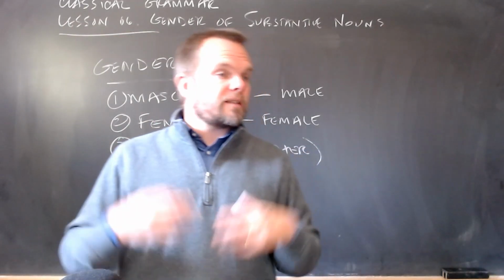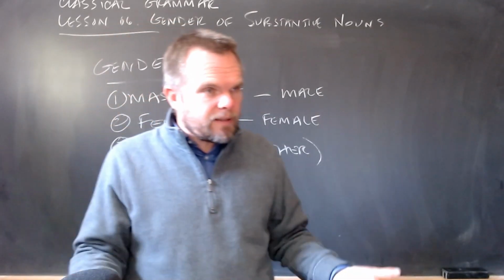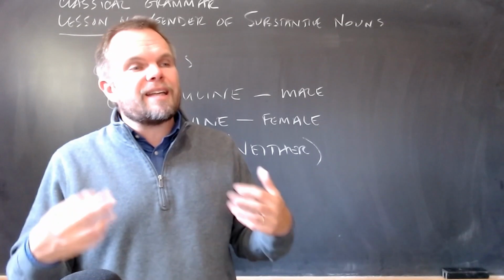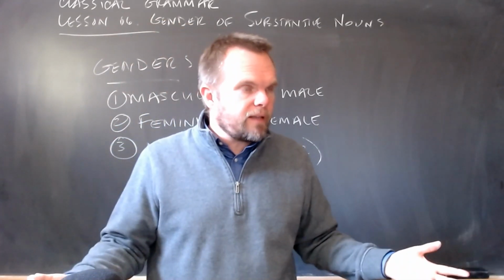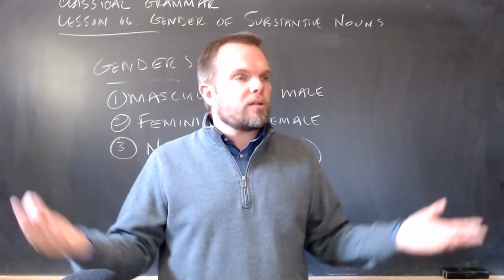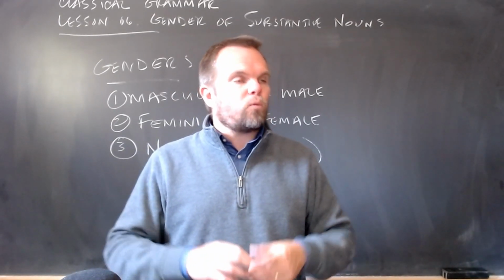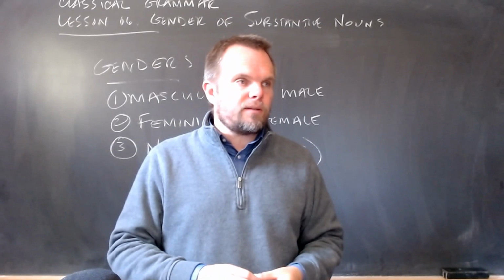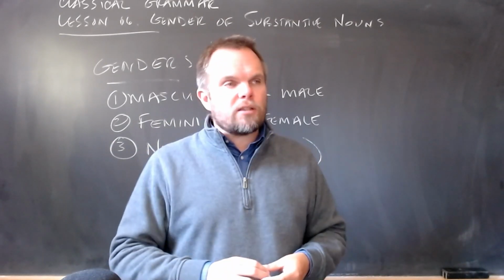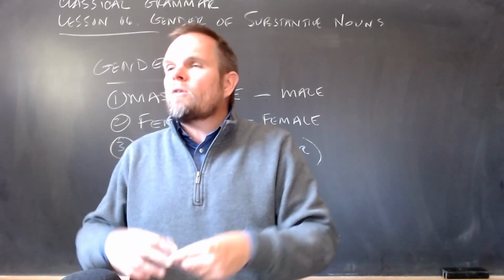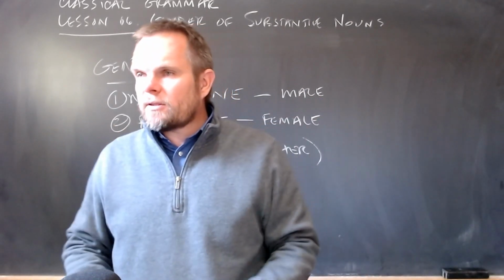We also learned that sometimes we think of things in imaginative ways, and we can think of inanimate or non-living things as if they're persons. And I said this is called personification. And when we personify things, and we learned a bunch of examples in our book, we normally assign to them some gender.